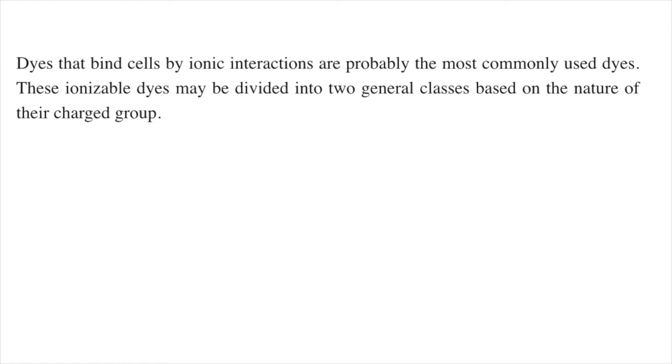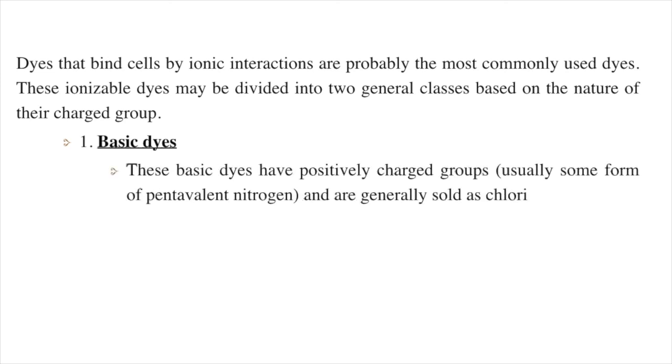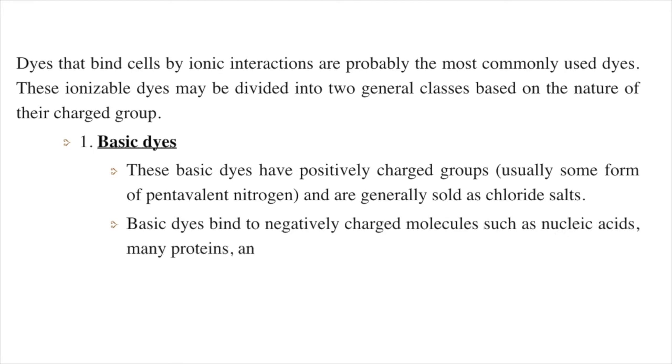These ionizable dyes may be divided into two general classes based on the nature of their charged group. What are they? The basic dyes and the acidic dyes. What are basic dyes? Basic dyes have positively charged groups, usually some form of pentavalent nitrogen, and are generally sold as chloride salts. What happens when we apply these basic dyes to the cells?